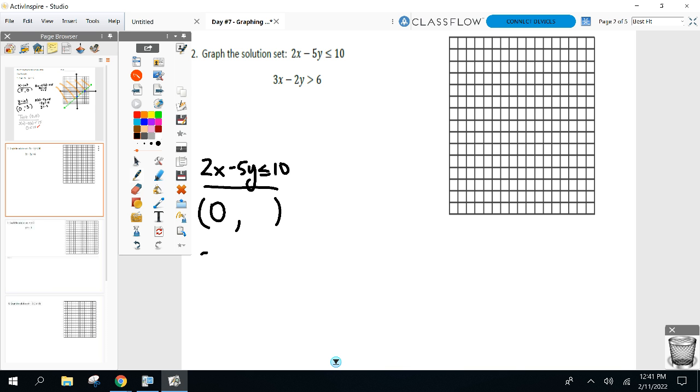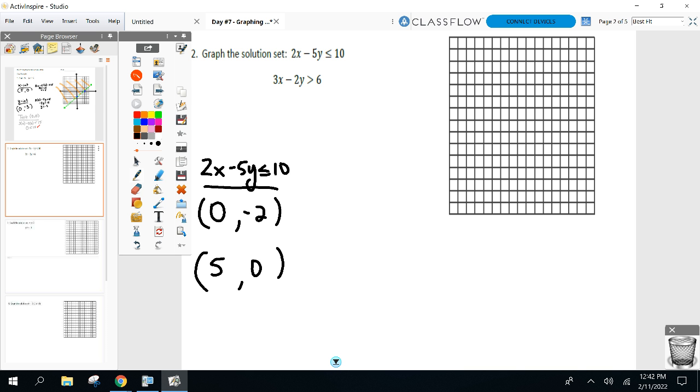Plug in 0 for x, and then plug in 0 for y, and we'll talk what numbers we should have got out. -2 for your y, 5 for your x.